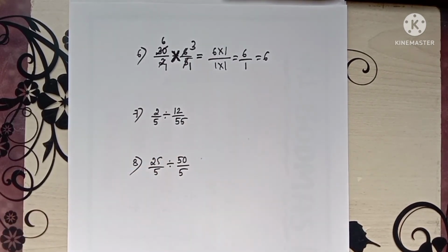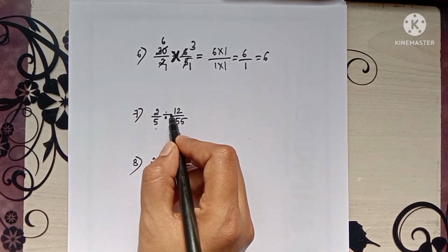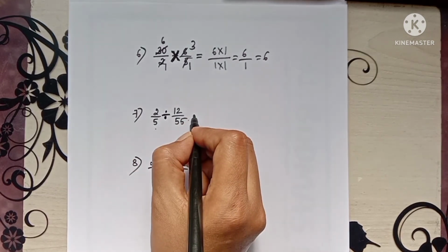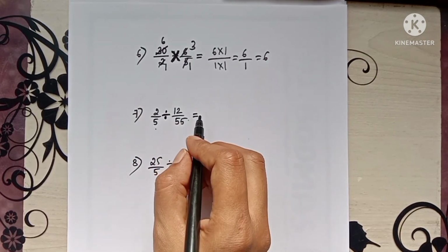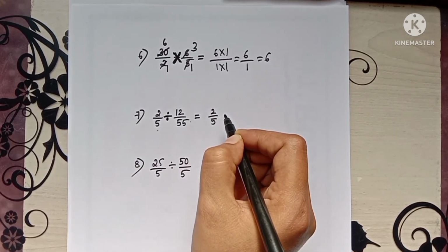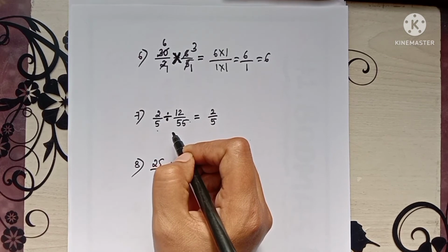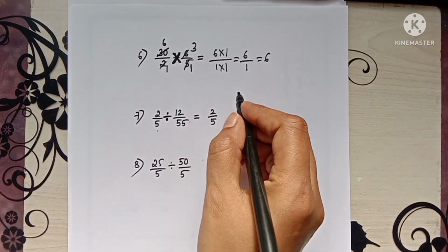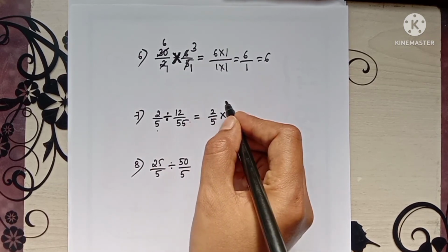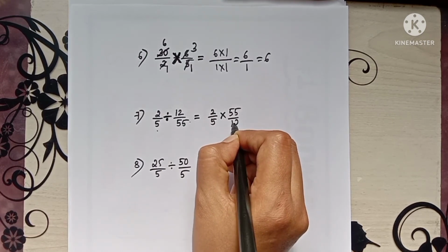Okay. So here we have 2 divided by 5 divided by 12 upon 55. So here which sign is there? Division. Division means what we have to do? We have to write the first term as it is, that is 2 divided by 5. Next, here division sign is there means it will change to multiplication and the second term will be reciprocal, that is 55 divided by 12.